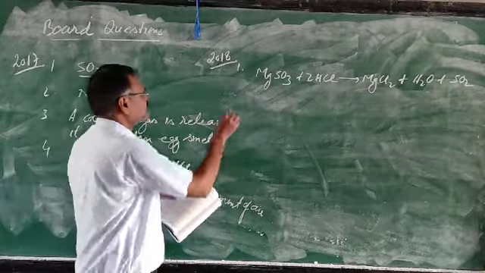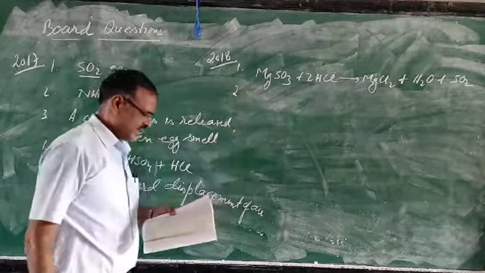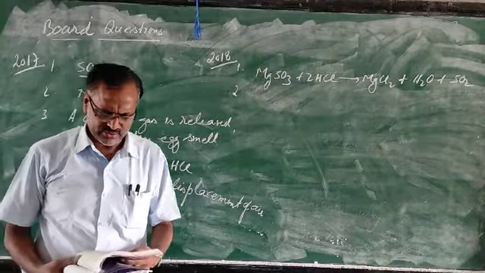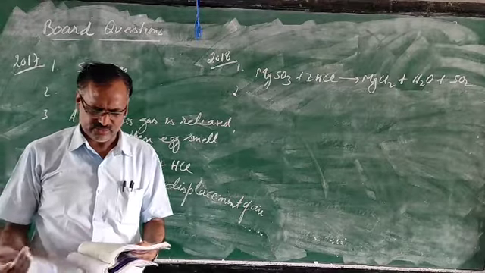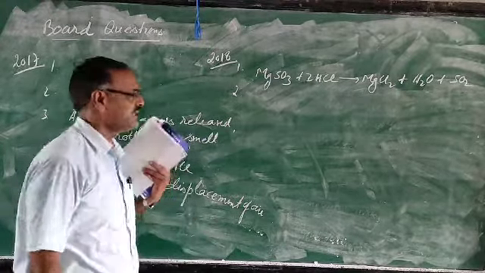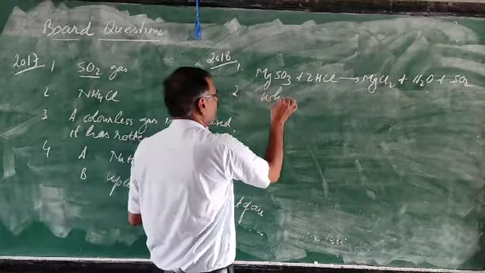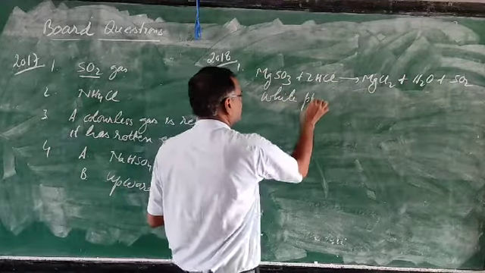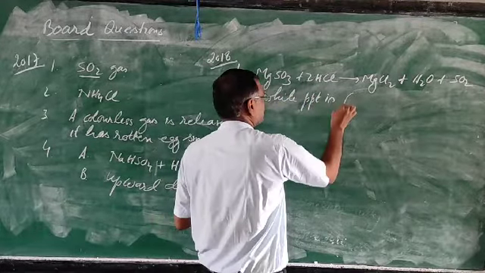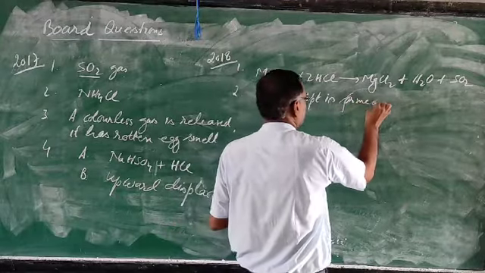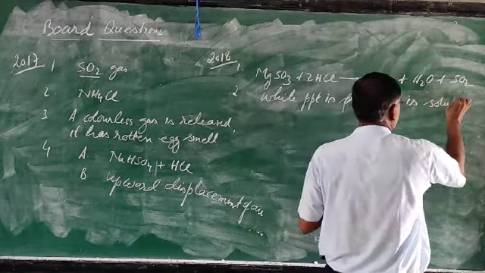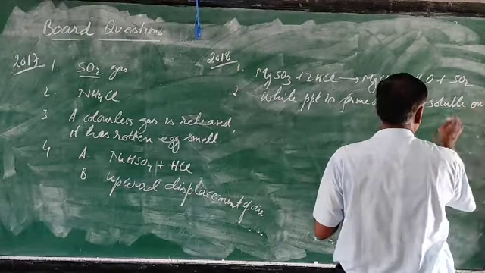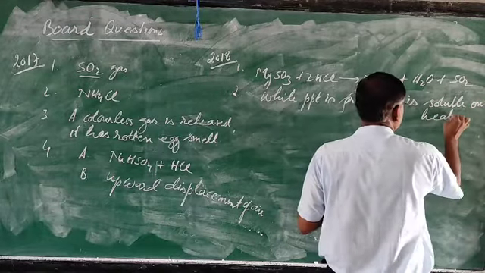Then the second one: state one relevant observation when lead nitrate is mixed with dilute hydrochloric acid and heated. So a white precipitate is formed, it is soluble on heating.